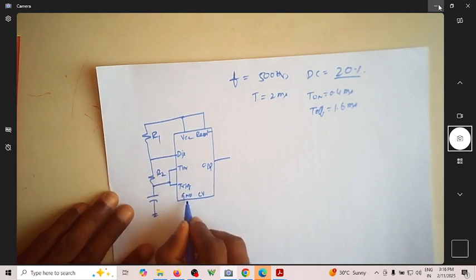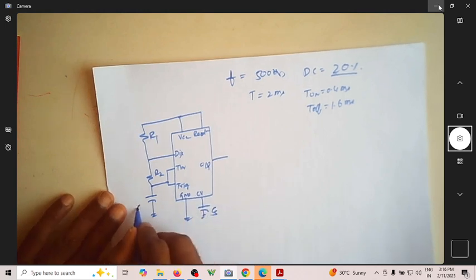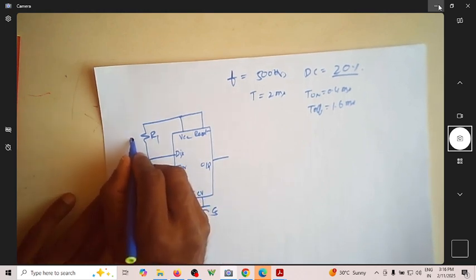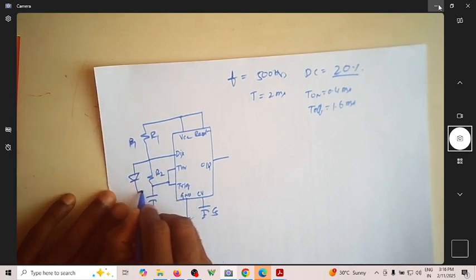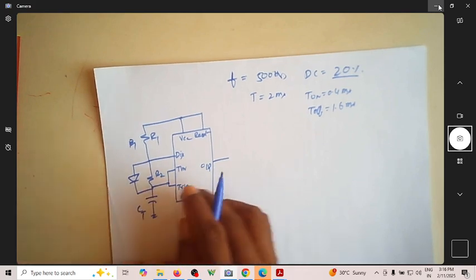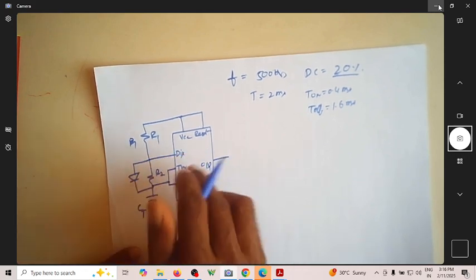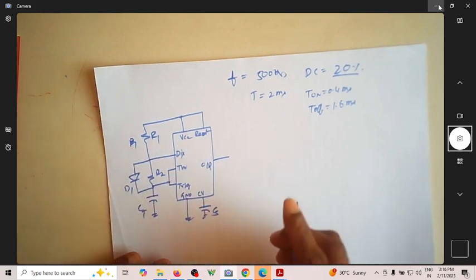R1, R2, this is grounded, this is CS, this is C timing. We just provide a discharge path for this. So this is your charging, while discharging it goes through this, so only one diode is enough.